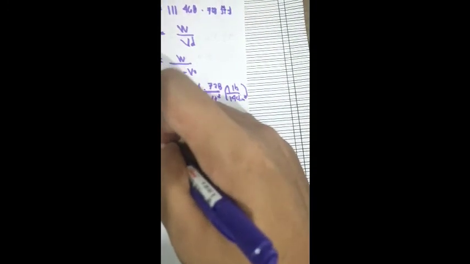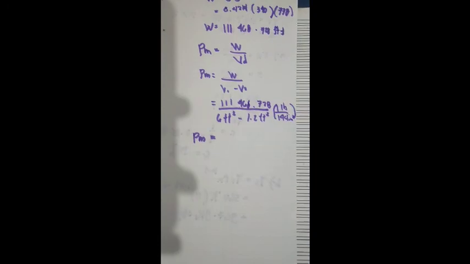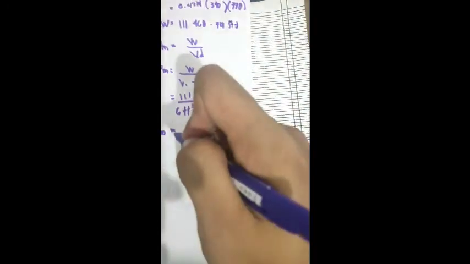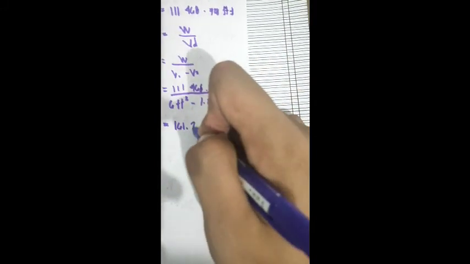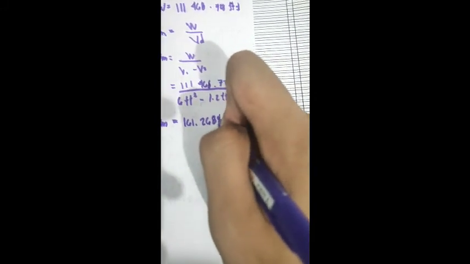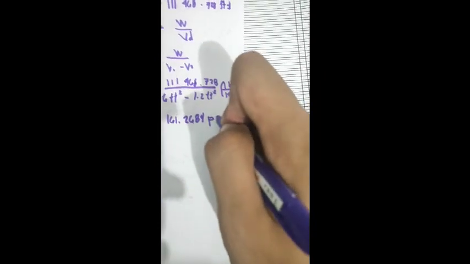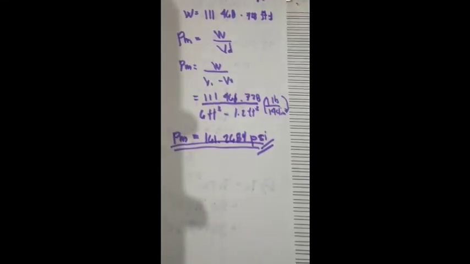So the mean pressure is equal to 161.2684 psi. There, the mean pressure is equal to 161.2684 psi.